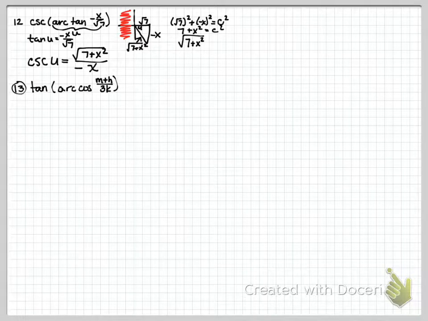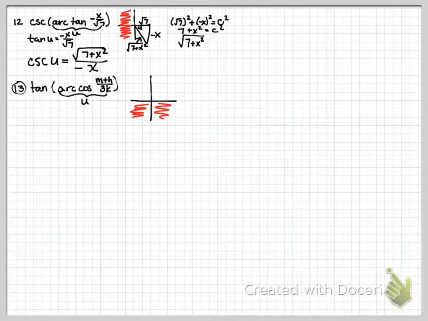Alright, again, this is my u. Cosine, I'm going to make this really big because I want you guys to see everything. Cosine is restricted to the first and second quadrant, so we can't be here or here. So it means my triangle is up here.